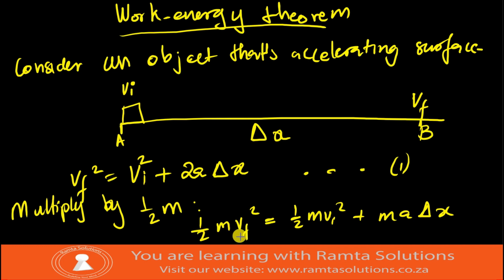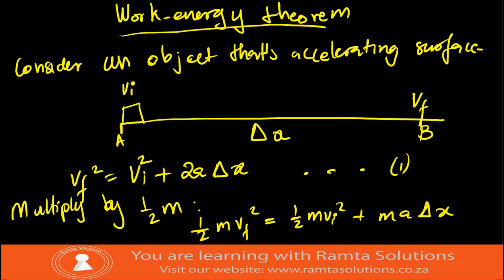When you see half m v squared, this tells you that we are looking at kinetic energy. Half m Vf squared is the final kinetic energy, while half m Vi squared is the initial kinetic energy.